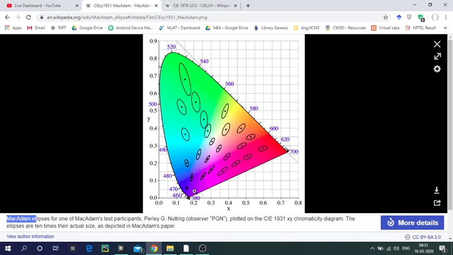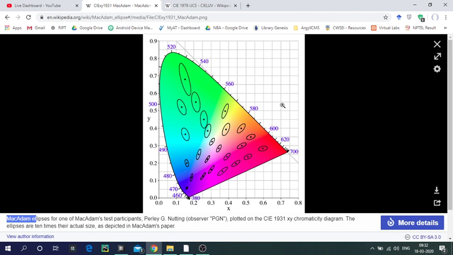Because in this diagram, we can see that our eyes are more susceptible to the blue violet region, yet the ellipses that enclose the colors in the blue violet region have the smallest size, while those in the green region have the largest size. So equal distances between colors in the MacAdam ellipses in the CIE xy chromaticity diagram do not ensure equal spacing between colors in human perception.